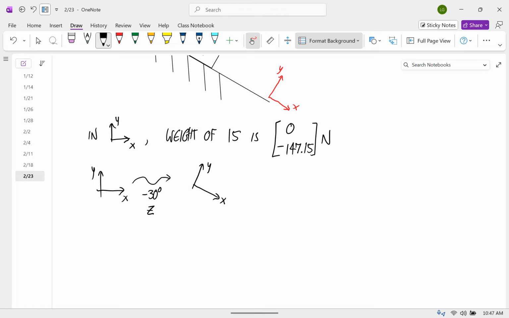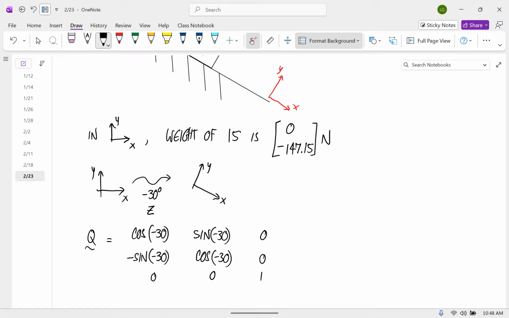And so we're just going to multiply. Our Q is cosine of negative 30, sine of negative 30, 0, negative sine of negative 30, cosine of negative 30, 0, 0, 0, 1. When I brought this up before, did I do it as a 2x2 matrix or a 3x3 matrix? Okay, I did.